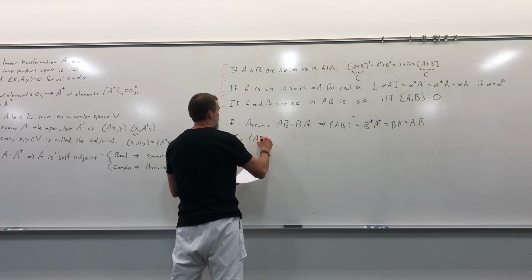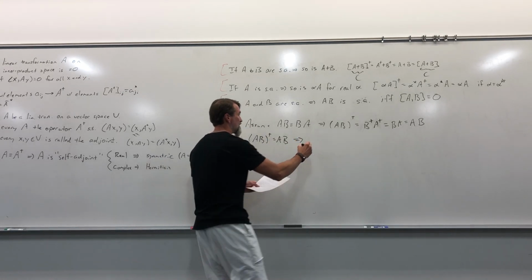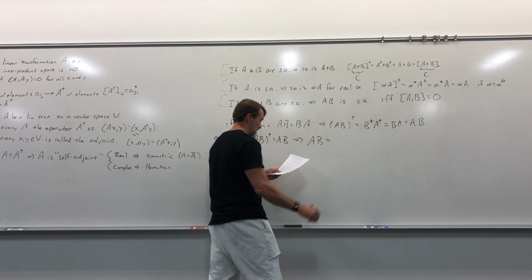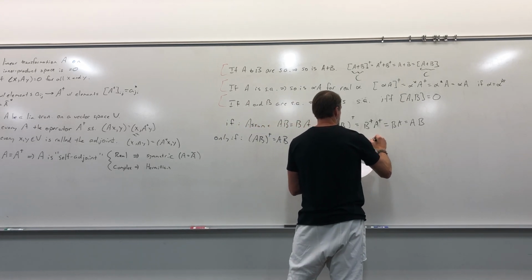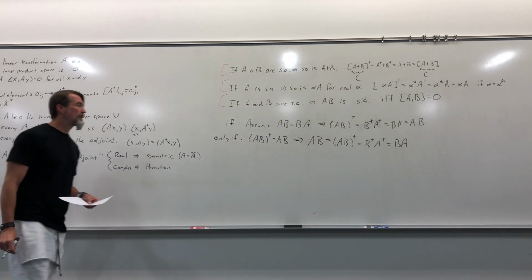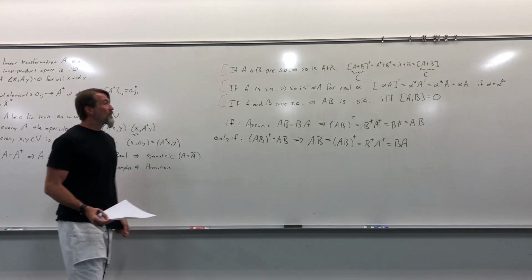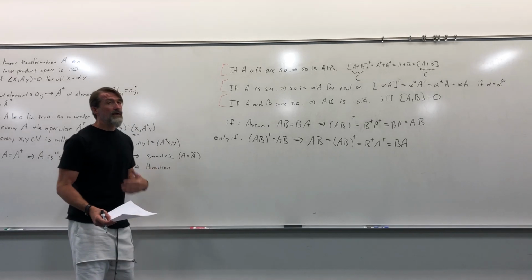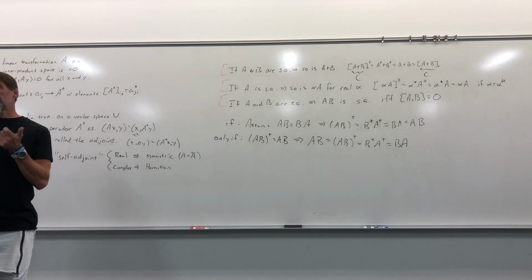So we'll start with (AB) dagger being AB, and now we'll show that this proves they must commute. So AB equals (AB) dagger, which is B dagger A dagger, but that's equal to BA. So once again, I just want to point out, A and B can be self-adjoint, but unless they commute, their product won't be self-adjoint.